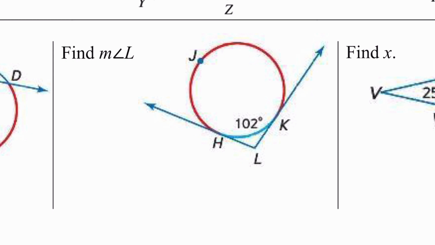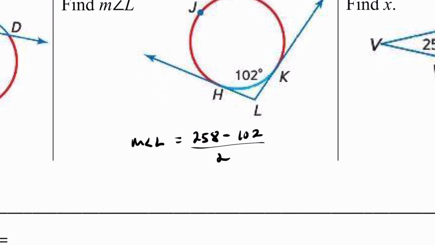So all I have to do here is 360 minus 102 to figure out the arc in red. So 360 minus 102 is 258 degrees. So this arc in red is 258 degrees. So I can figure out what measure angle L is. Measure angle L is equal to big minus small arc all over 2.